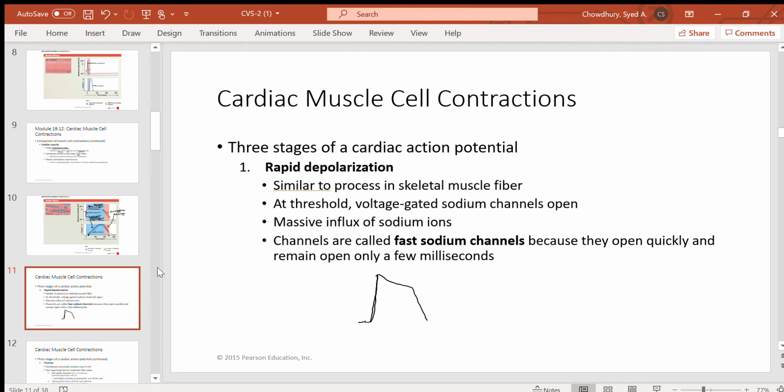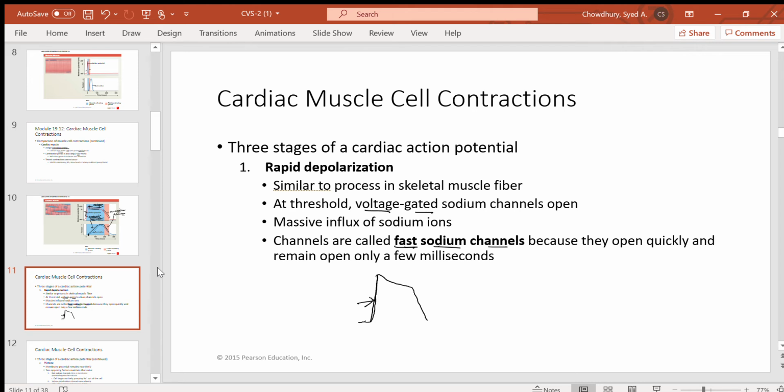Why? Because this depolarization occurs due to the entrance of sodium, and the sodium channels are first sodium channels, voltage gated fast sodium channels.